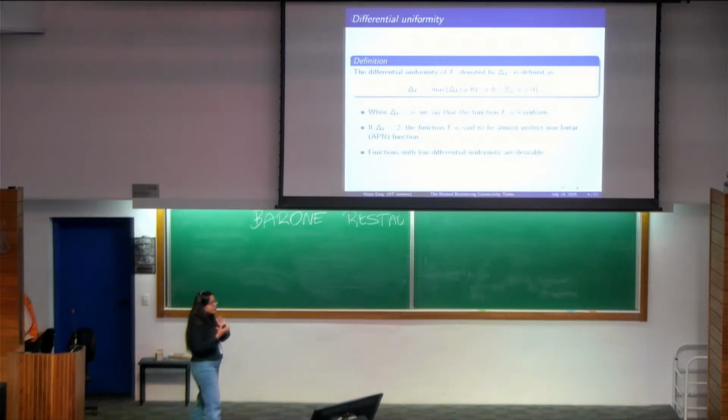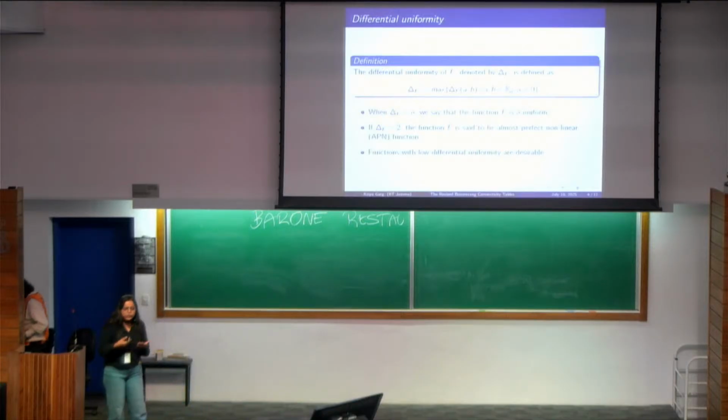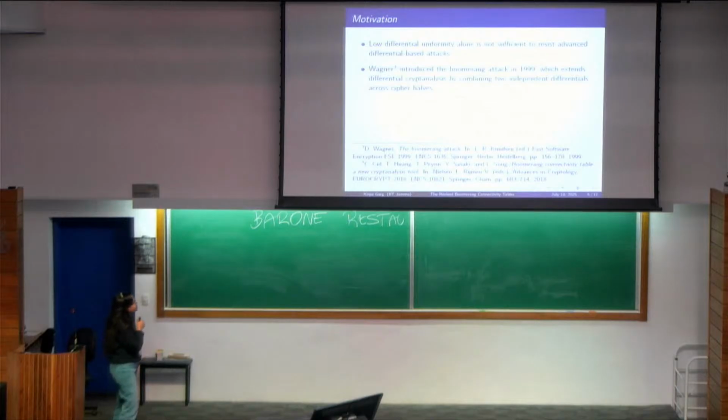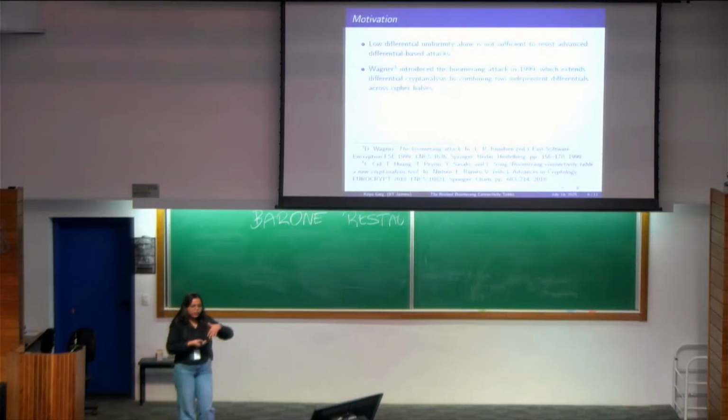However, in 1999, it was noted by Wagner that there is another important attack, which is known as the boomerang attack. It is not easy to find a differential for the complete cipher, so they divided it into two parts.